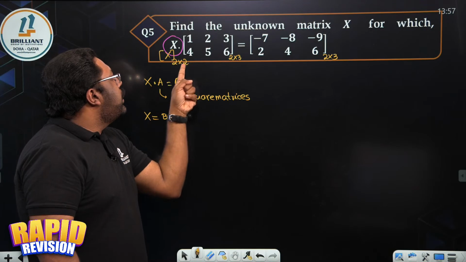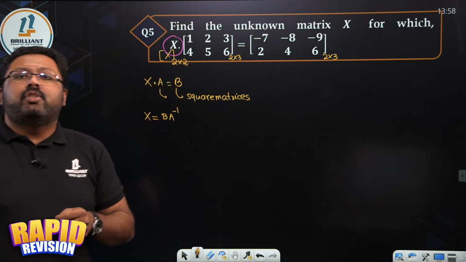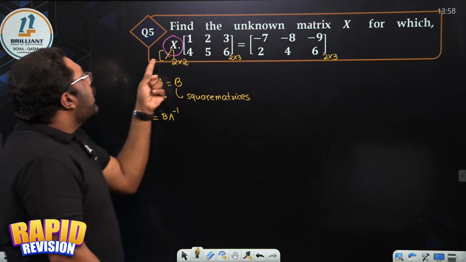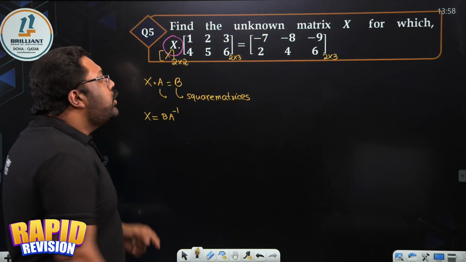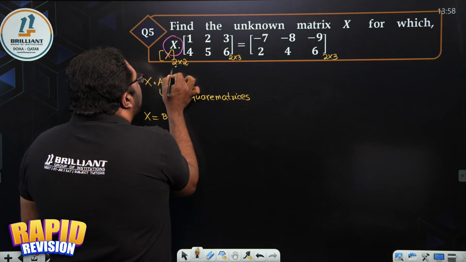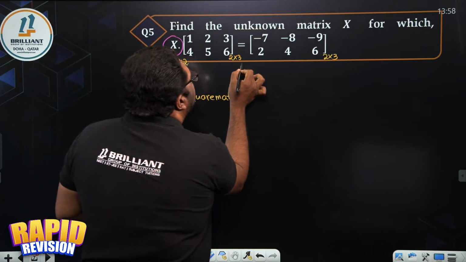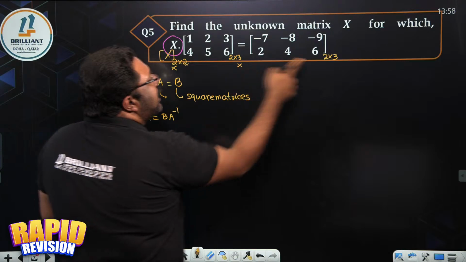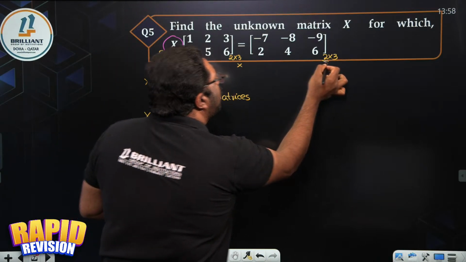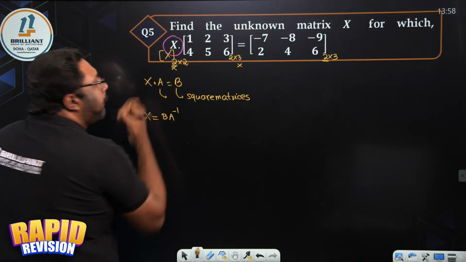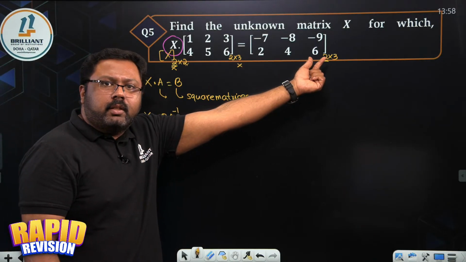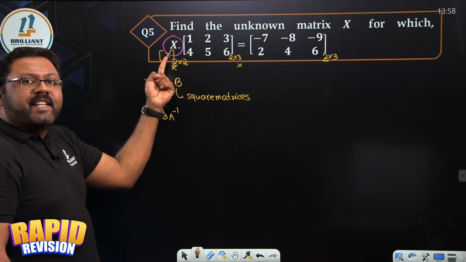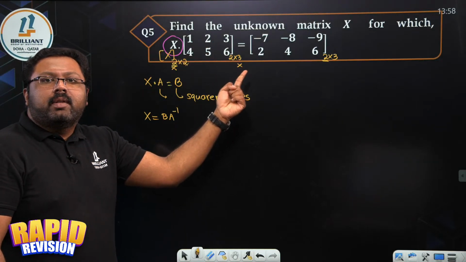So the result of the product has the rows of the first matrix and the columns of the second matrix.